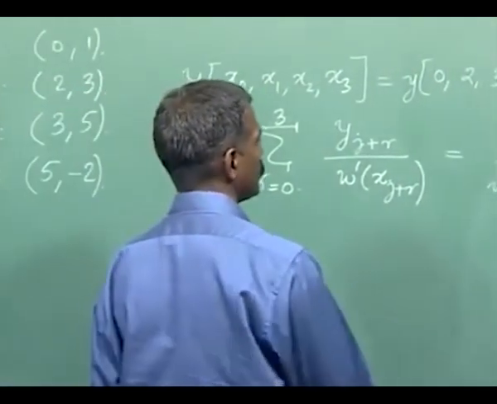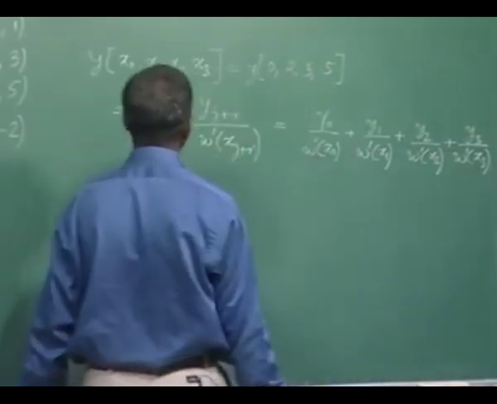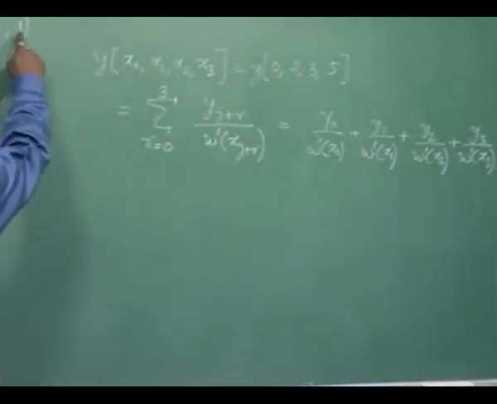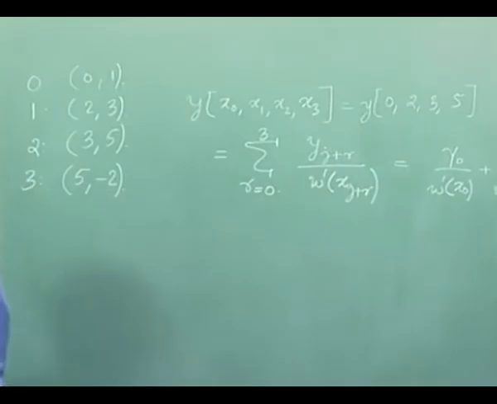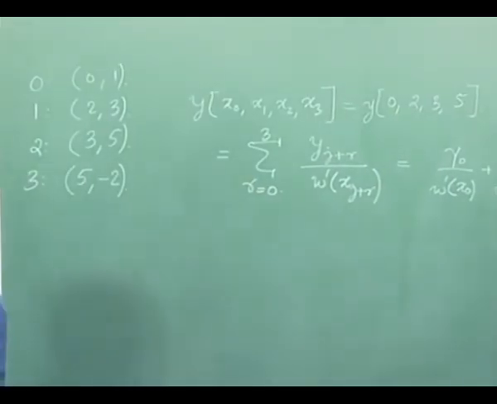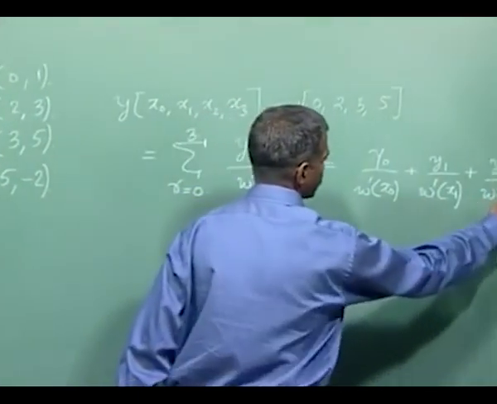Now we know what these values of y0, y1, y2, and y3 are, which are 1, 3, 5, and minus 2 respectively. Let's try to first construct w and then evaluate these denominators.